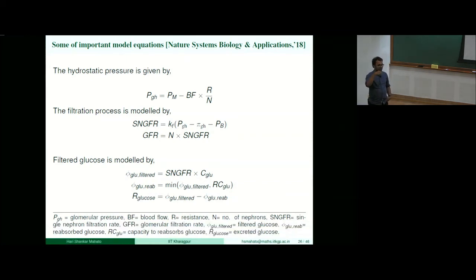So if we have too much glucose in our body, our kidney can reabsorb up to a certain amount, after which it will excrete the rest. If it is excreting, that means we already have too much sugar in our body, because the kidney has a capacity after which it cannot reabsorb anymore. So it will start excreting, and if it is excreting glucose in the urine, that's a sign that the kidney is damaged.